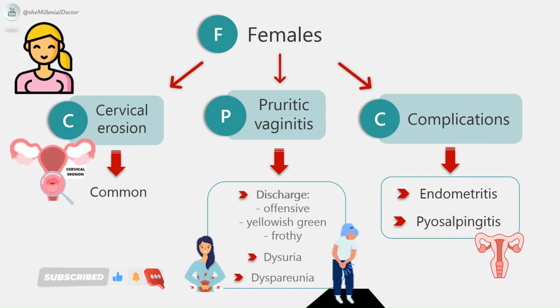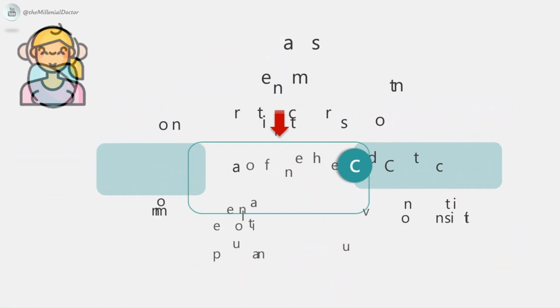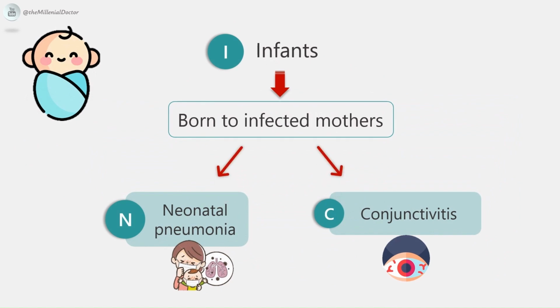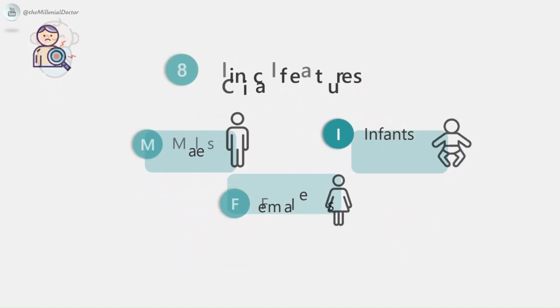It may produce severe pruritic vaginitis with an offensive yellowish green, often frothy discharge, dysuria, and dyspareunia. Endometritis and pyosalpingitis are infrequent complications. In infants, rarely neonatal pneumonia and conjunctivitis have been reported in infants born to infected mothers. These are the clinical features.